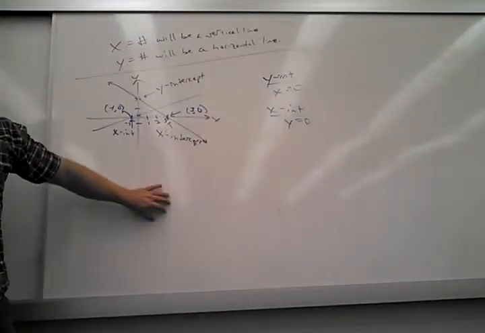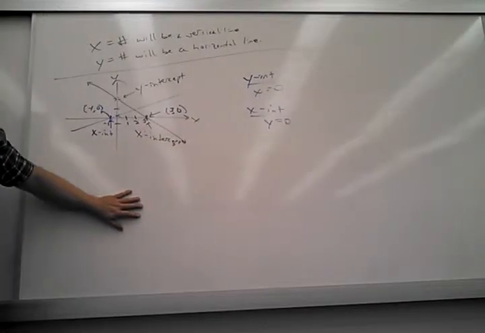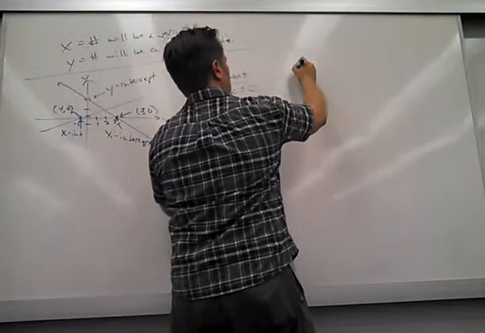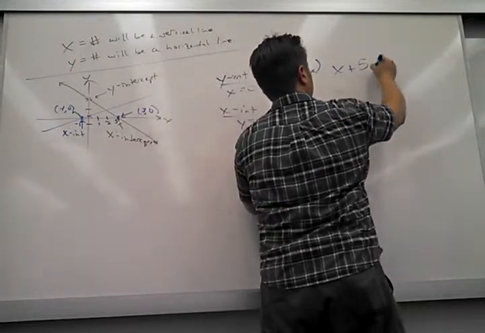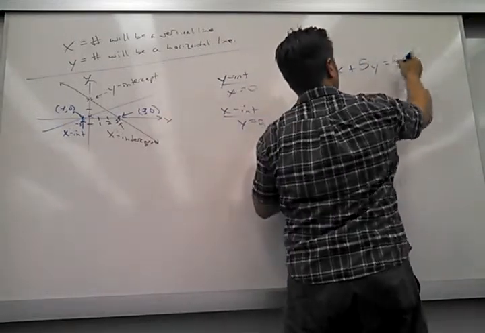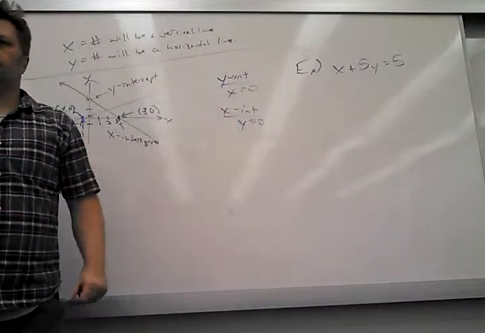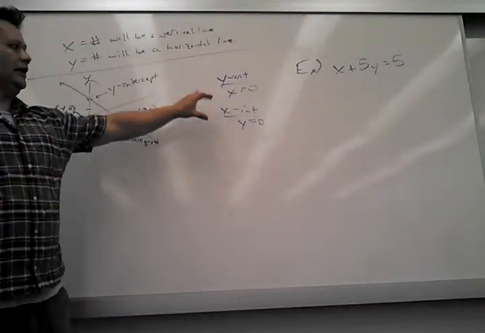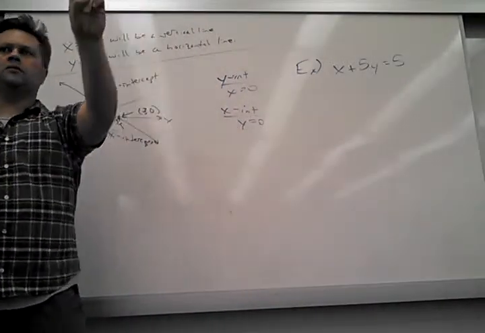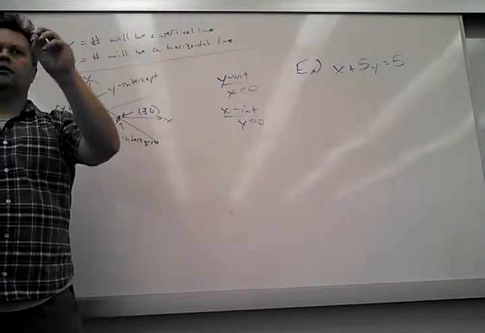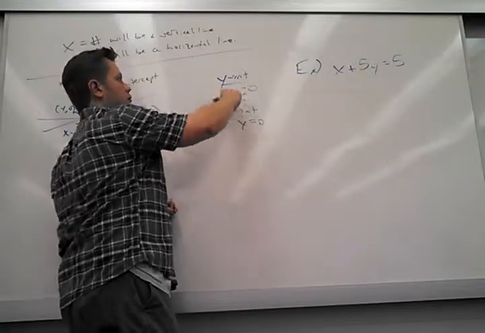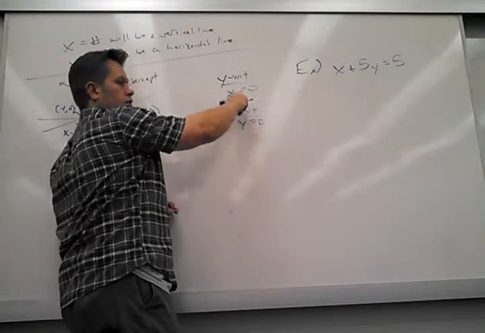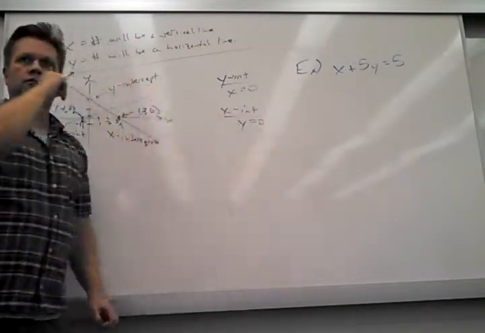So watch this. That kind of leads to a really cool way to graph lines. If I had this equation, this kind of leads to a way to find two special points: the y-intercept and the x-intercept. Y-intercept, x is 0. X-intercept, y is 0.